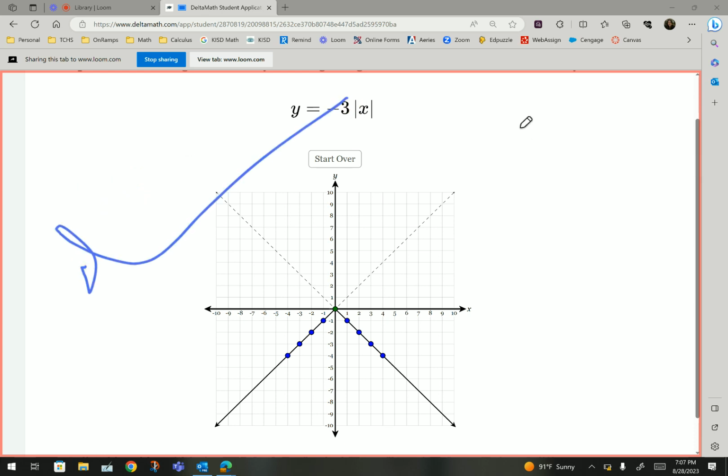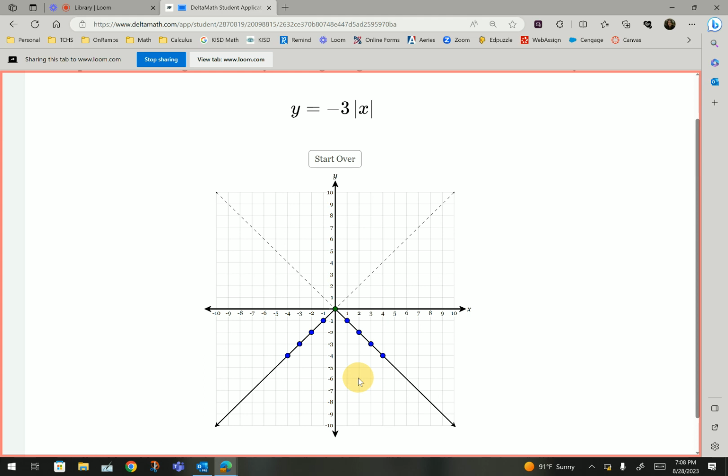So again, if I have a 2 comma negative 2 and I multiply this by 3, I'm going to end up with 2 comma negative 6. That's going to be your new value. So the 2 negative 2, this point, becomes 2 negative 6 way over here.